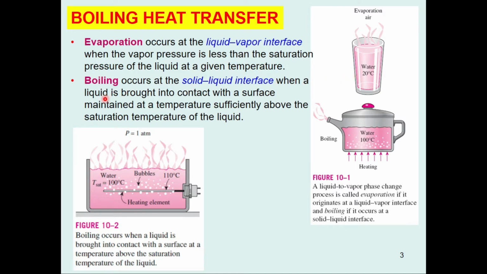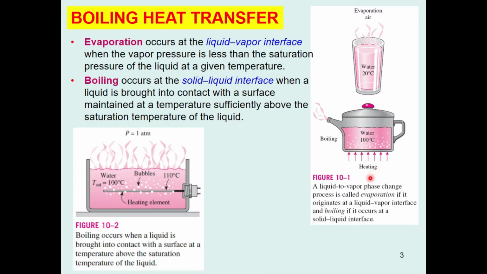Whereas in the case of boiling, boiling always occurs at the solid-liquid interface. For example, this is a kettle. Boiling always occurs at this interface, which is the solid base of the kettle and the liquid inside the kettle.